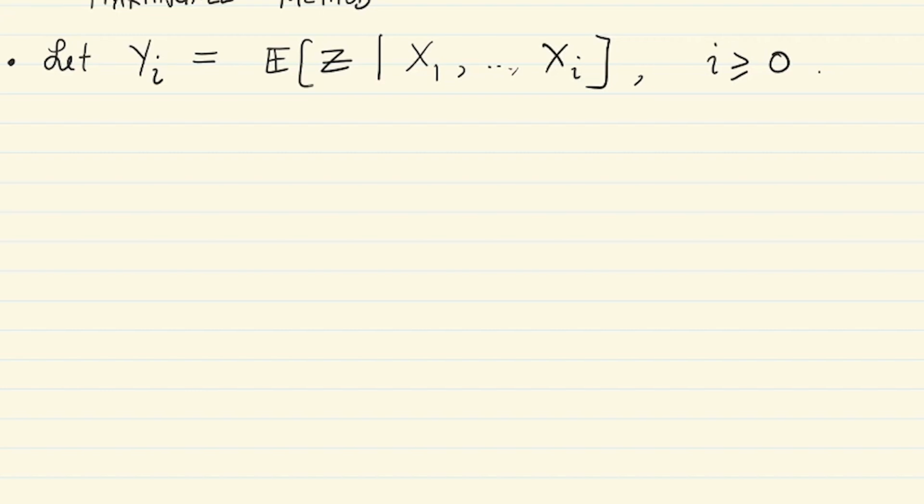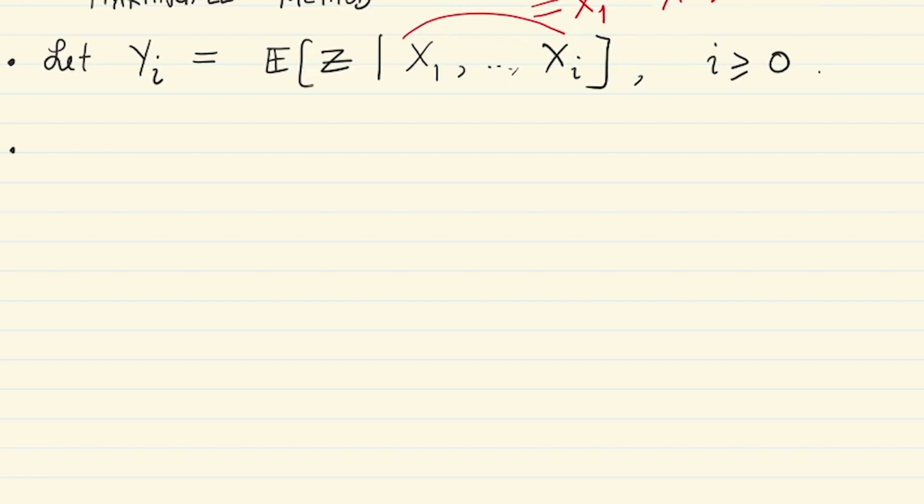Okay, for notational purposes we will often refer to the collection x1 through xi as x subscript 1 superscript i, or also in some cases just as x superscript i, where the subscript, if not present, is assumed to be 1. So Yi is essentially the conditional expectation of Z based on increasing collections of random variables x1 up to xi as i ranges from 0 up to n.